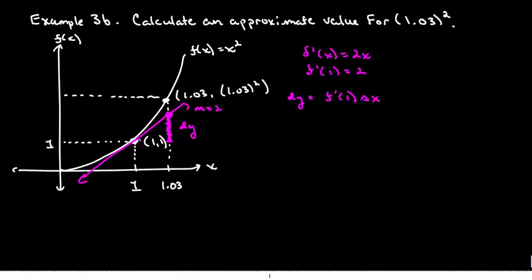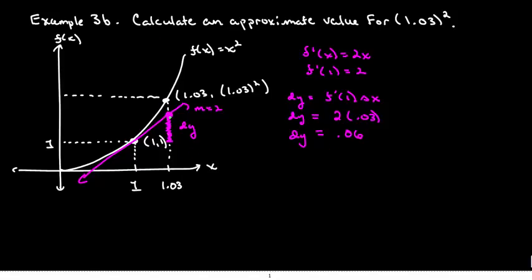If I take the slope and multiply it by how far I go over, that tells me how far I'm going to go up. So this is 2. The change in the x value is 0.03. So dy is equal to 0.06. So the change in my y value is approximated by 0.06.